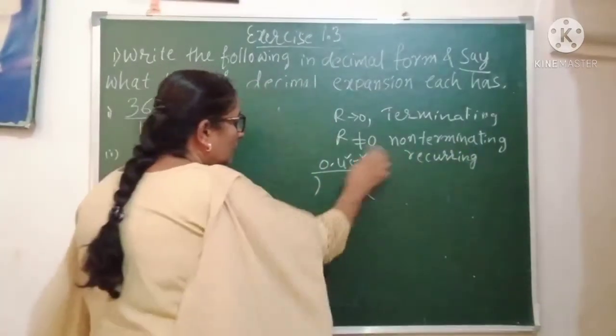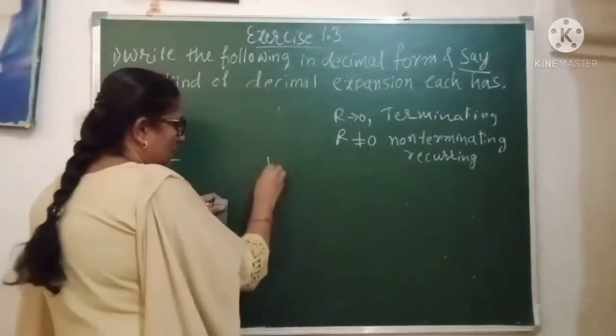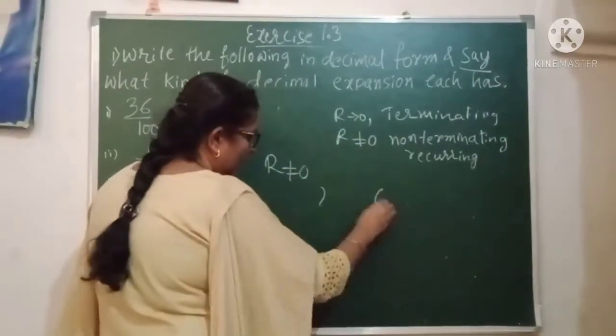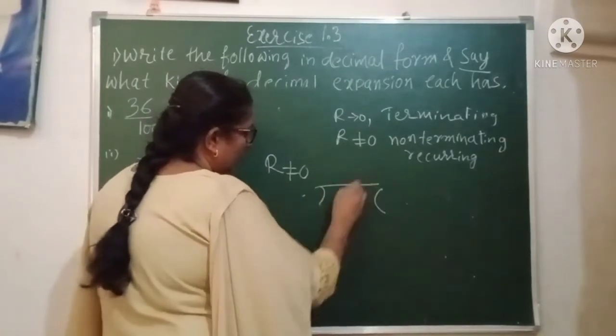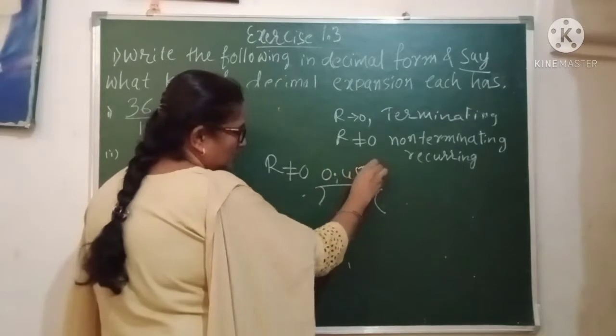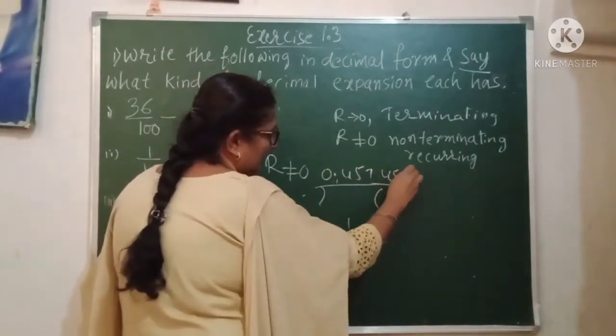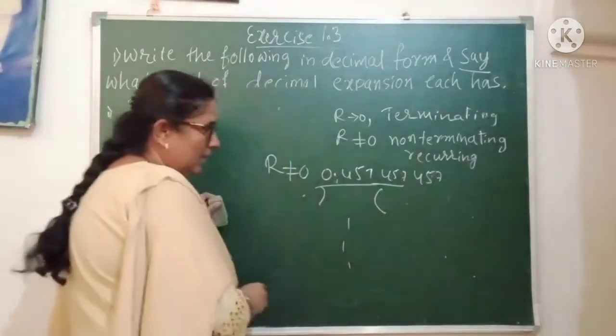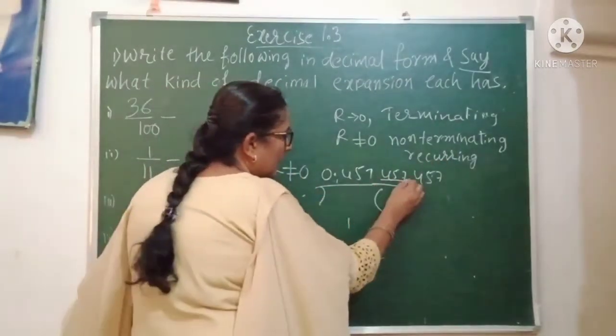And sometimes the remainder is not 0, but when you divide a number by something, after some division you will get 0 point, suppose 4, 5, 7. You get 4, 5, 7, and the same digits repeat. This is repeating.